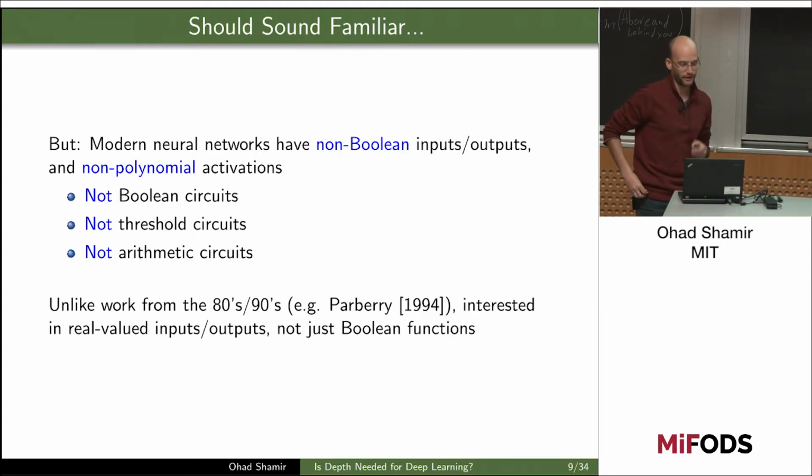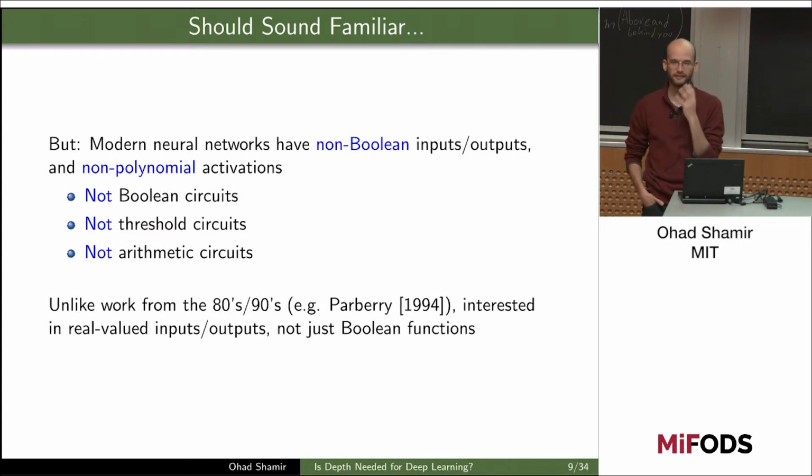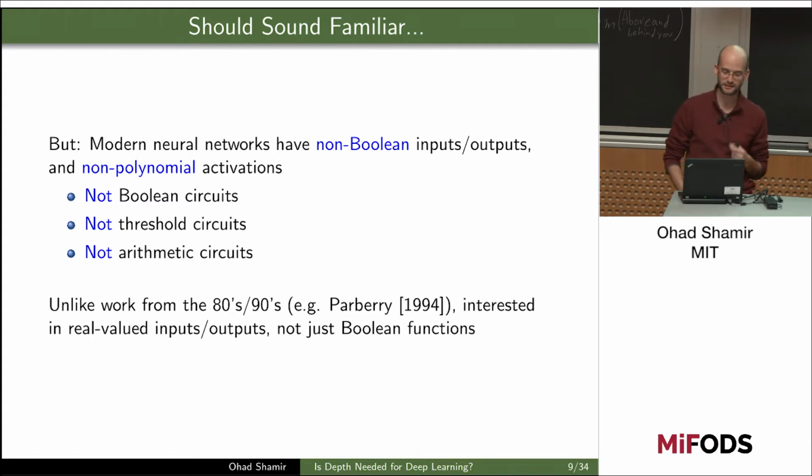OK. But what hopefully I'll be able to convince you in this talk is that modern neural networks are really a different beast than these circuits that have been well studied, because they have non-Boolean inputs and non-Boolean outputs. That's a natural way to represent the data that modern networks are using.